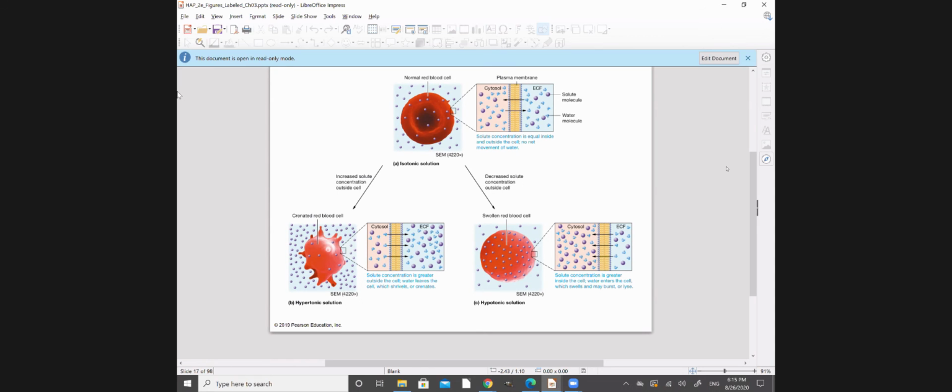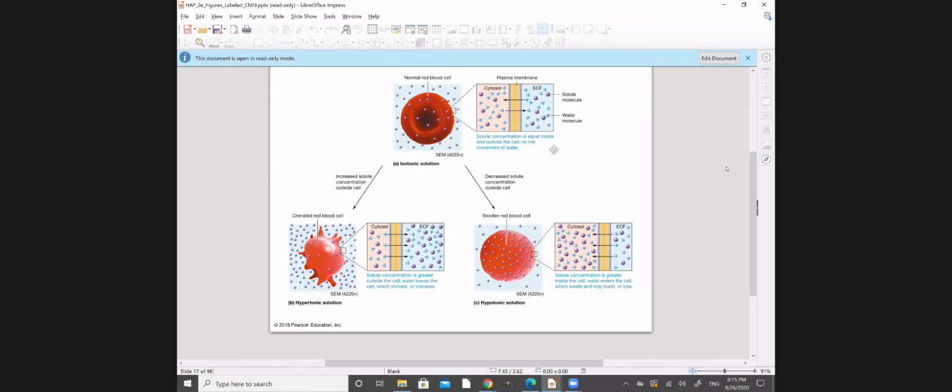For example, right there on the top of this slide, we can see normal red blood cells placed in the isotonic solution. It means that the concentration of the solute is equal on both sides of the membrane. So there's an equal amount of molecules, and the shape of the cell is preserved.